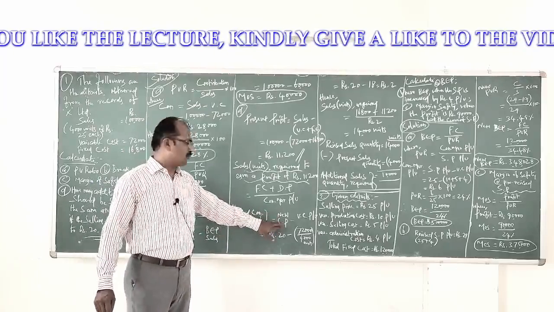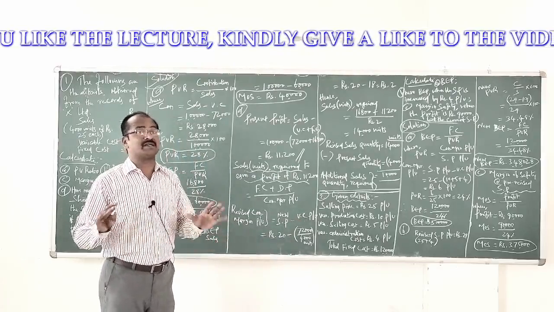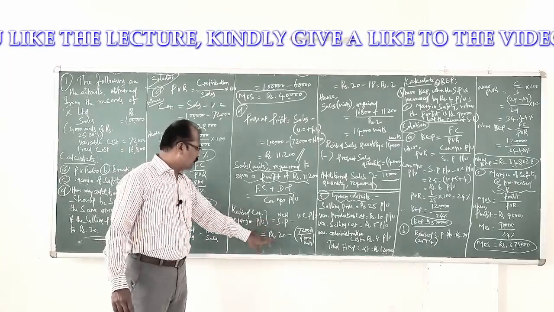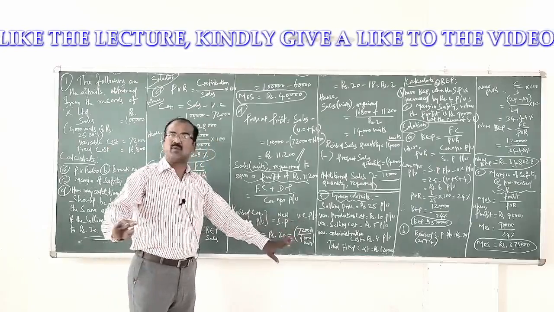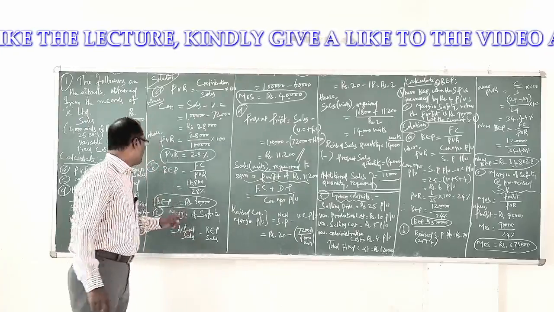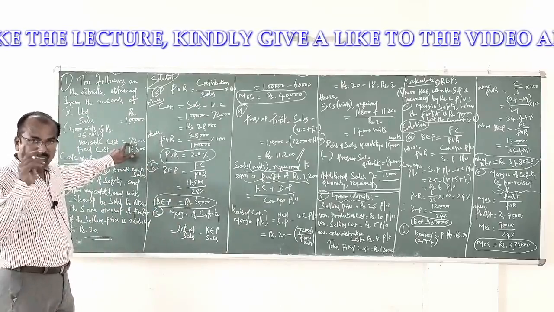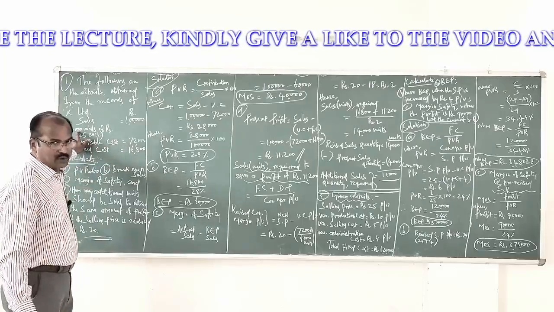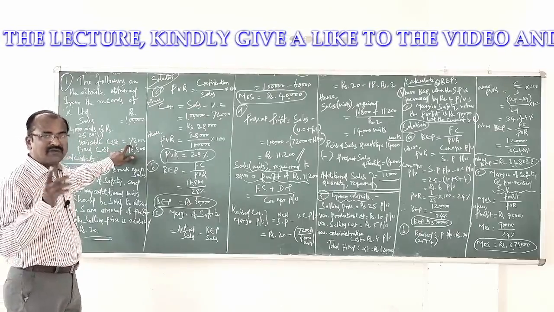New selling price per unit minus VC per unit. Variable cost per unit remains the same even in the new situation. Therefore, the new selling price 20 rupees minus the variable cost per unit. How to calculate variable cost per unit? We were informed about the total variable cost when the company was producing and selling 4,000 units. 72,000 rupees was the total variable cost.